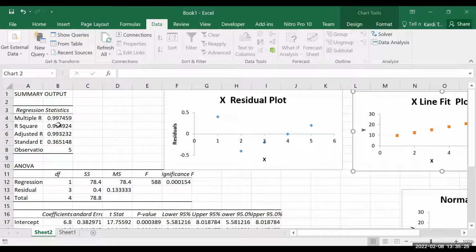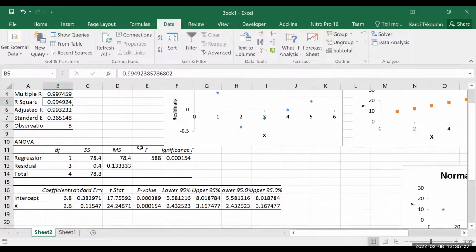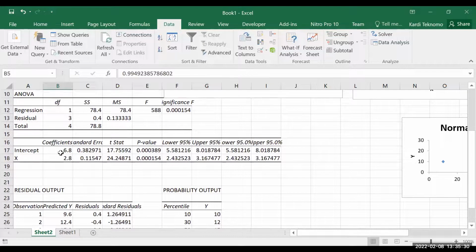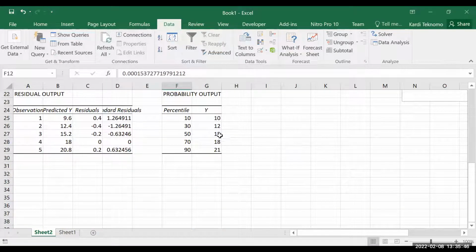In linear regression, you check the R square here. This is your coefficient, the slope. This is the intercept. You check that the t statistic must be larger than 1.645, and the significance F must be less than 0.05. And this is the residual.